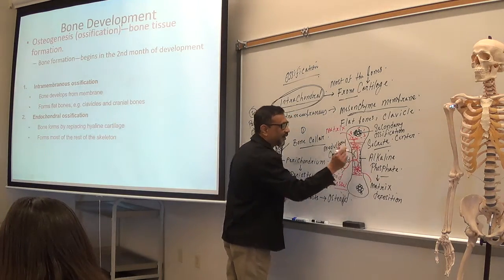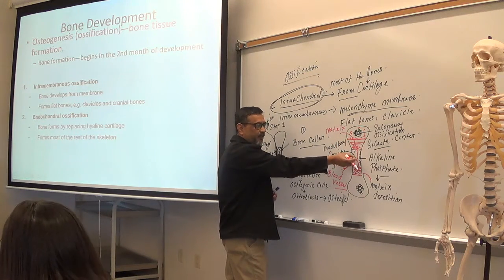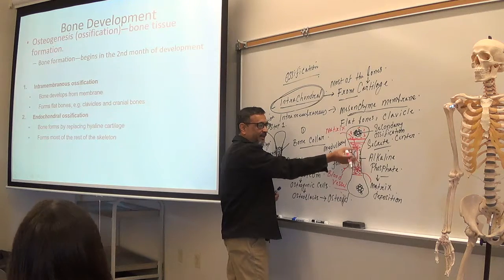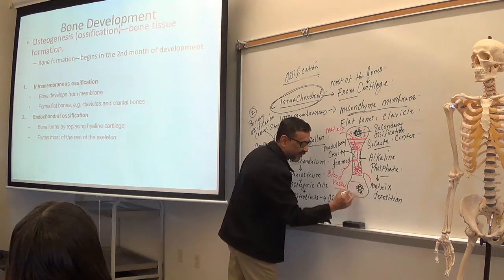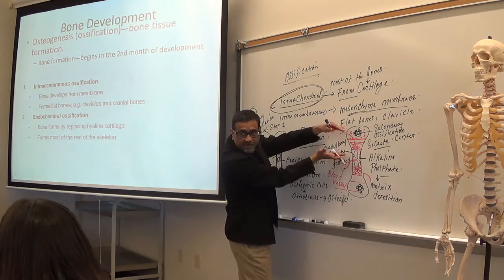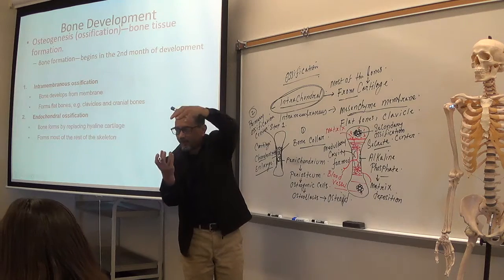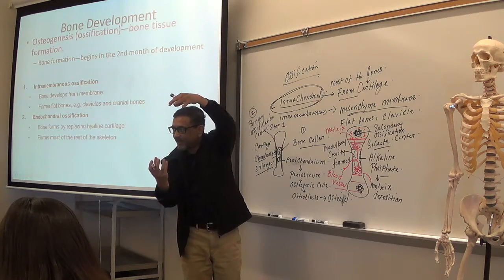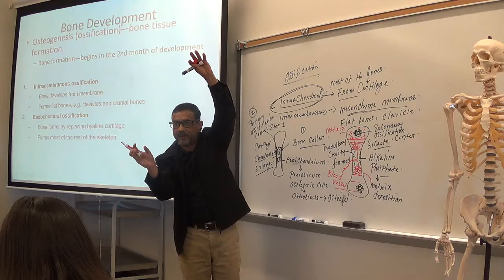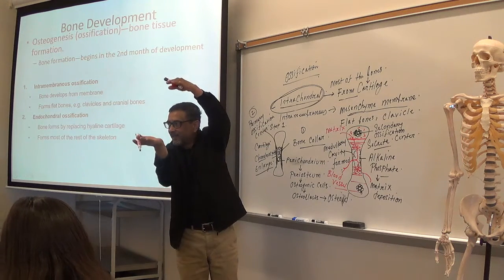Okay. Now, you see here, from the primary ossification center, bone matrix is being formed this way, and from the secondary ossification centers, bone matrix is being formed that way. So they are moving towards each other. Make sense? Bone matrix is being formed in the shaft here, going towards both ends, right? And from both ends, secondary ossification centers, matrix is being formed and moving towards the center. Okay?